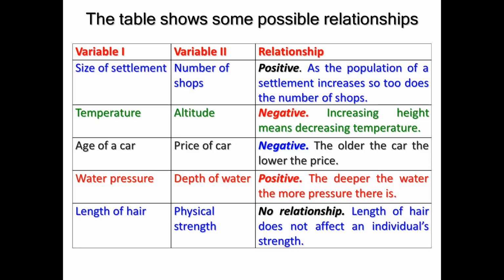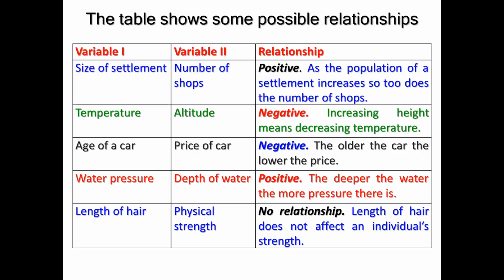The variable temperature has its relation with altitude and its relationship is negative. Increasing height means decreasing temperature. There is a relation between age of car and price of car. Its relationship is negative. The older the car, the lower the price.